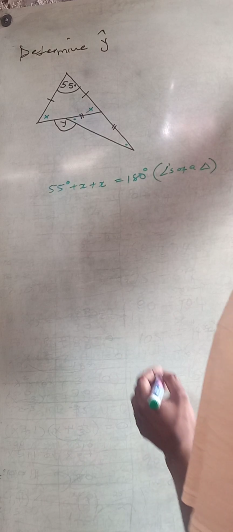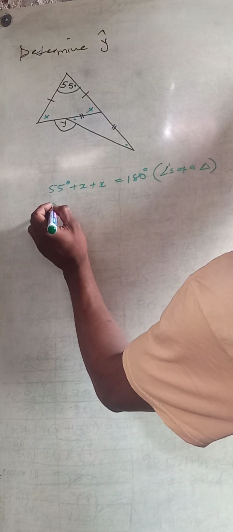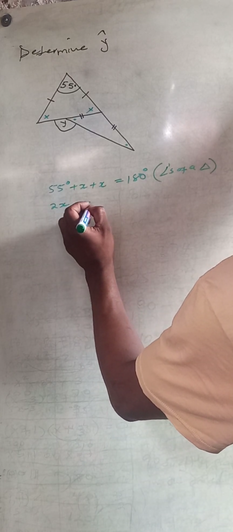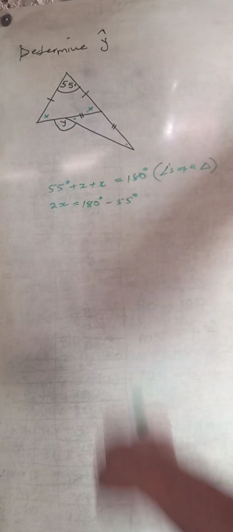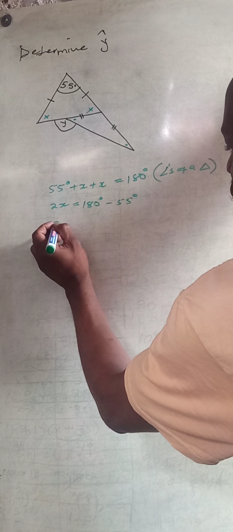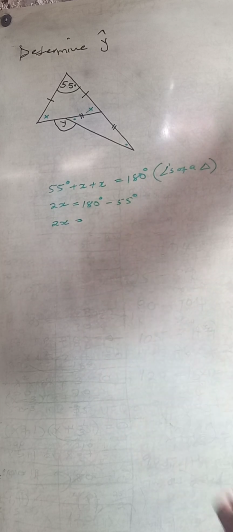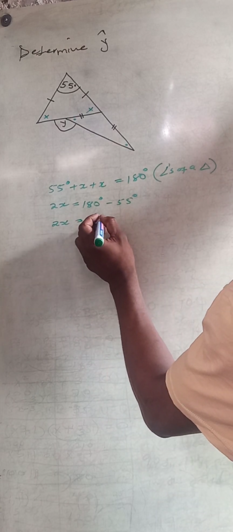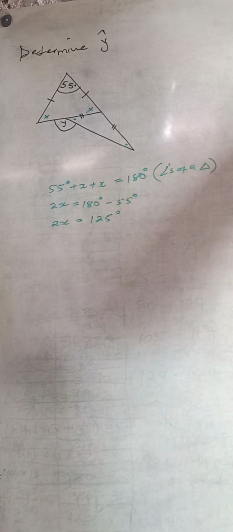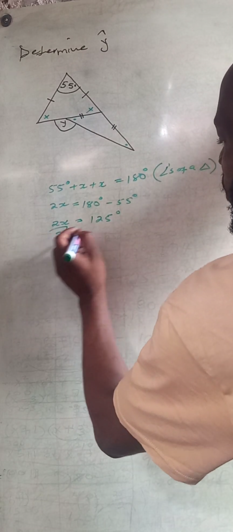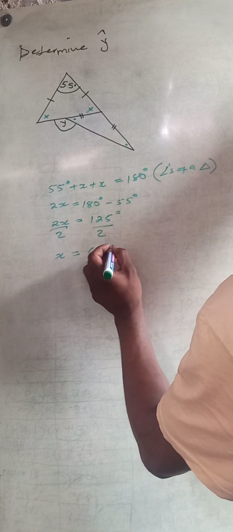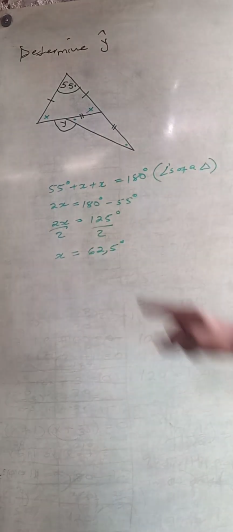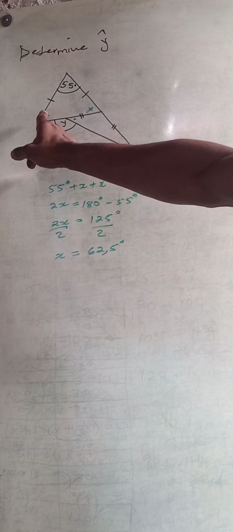So 2x is equal to 180 degrees less 55. We transpose the 55. Therefore, 2x is equal to 180 minus 55, which is 125 degrees. Therefore, we divide by 2, and x is equal to 62.5 degrees.